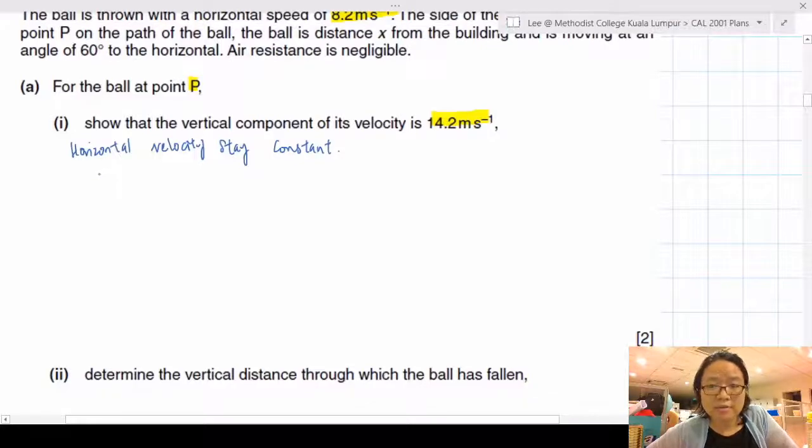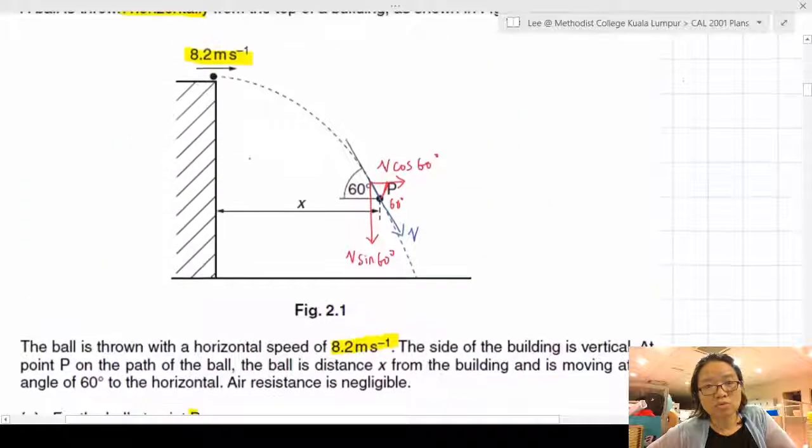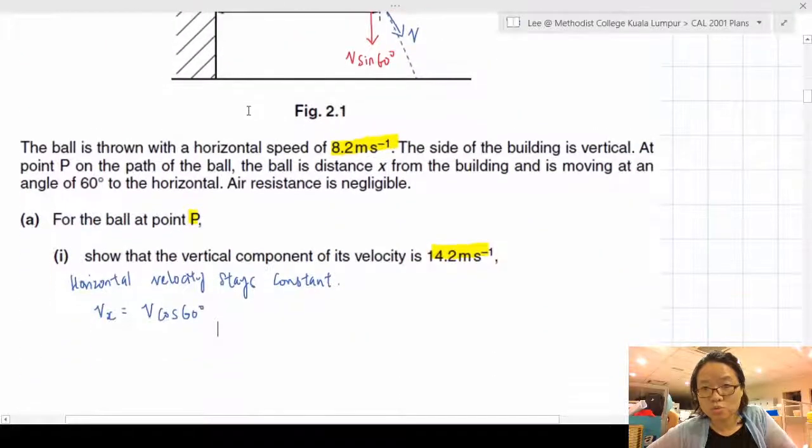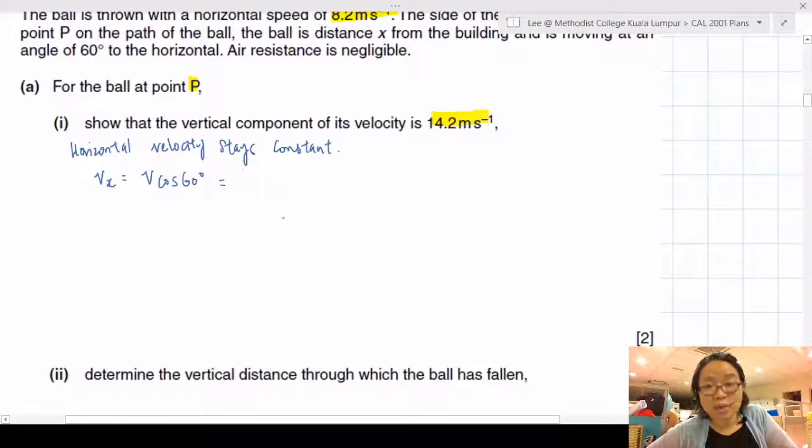So we like to test all these kinds of conceptual ideas. So your Vx, which is V cos 60, is always equal to the horizontal speed of 8.2. So you can equate this to 8.2, and you can find V already.